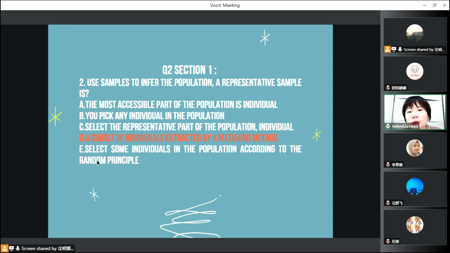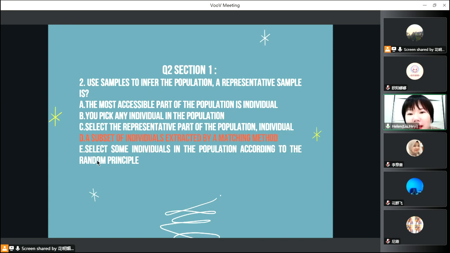If we choose the most accessible, just like we have a group of data from 1 to 10, and the most accessible is 1 to 5, then the average mean of this group is far away from the mean of the population. So it is not representative.